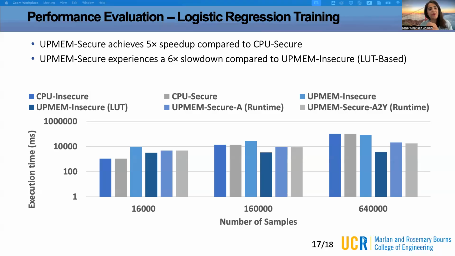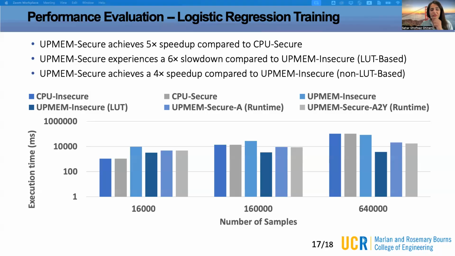However, it experiences a 6 times slowdown compared to UPMEM Insecure when we are having a LUT-based implementation for the activation function. But it's worth mentioning that we are achieving 4 times speedup compared to UPMEM Insecure when we are having the non-LUT-based implementation of the activation function on the PIM.